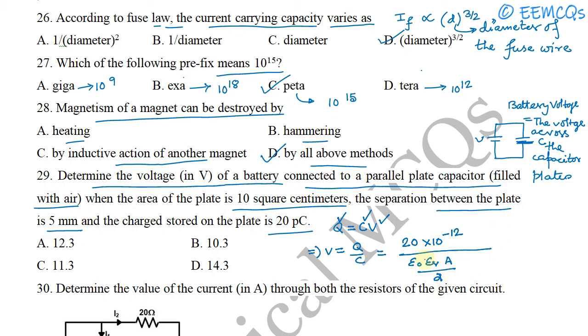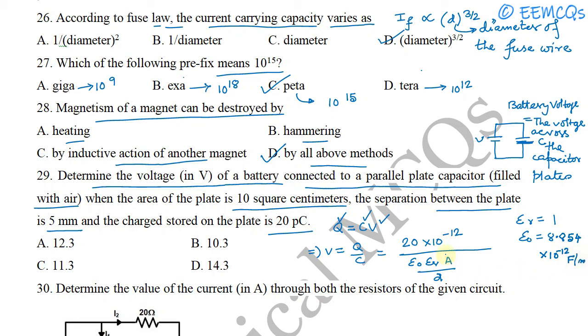And epsilon R is the relative permittivity, which is here 1, as the medium given to be as air, and epsilon 0 is the absolute permittivity of free space, which is given by 8.854 into 10 to the power minus 12 farad per meter.